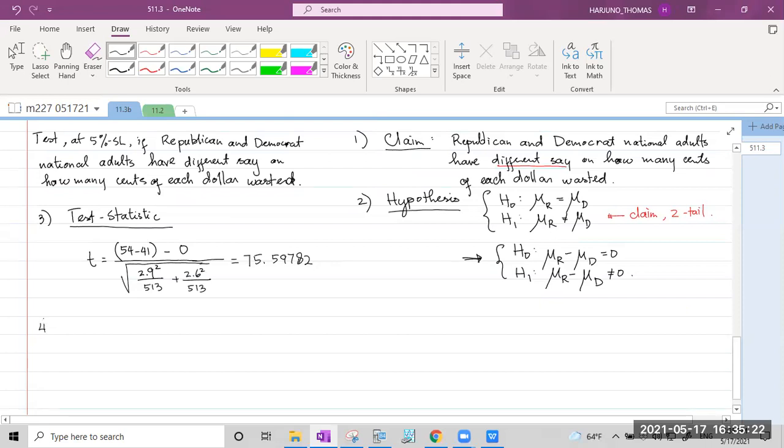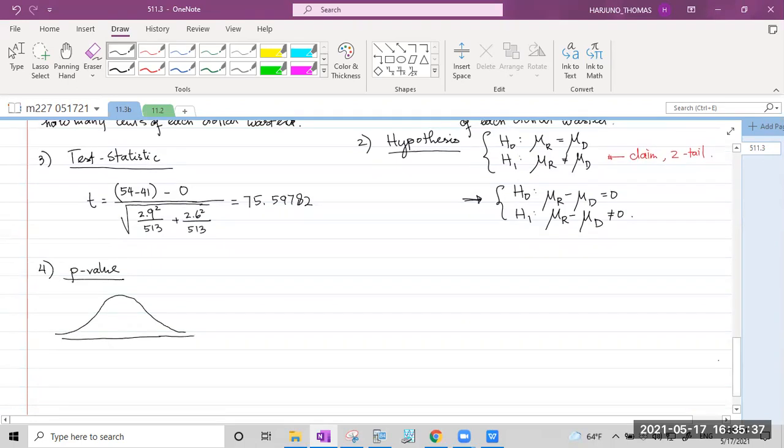Step 4, how about the p-value? Remember, I said that if the t-score is more than 10, to the right of 10, or to the left of -10, then the area of the tail is practically 0.